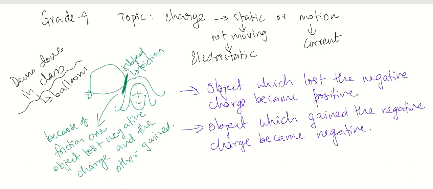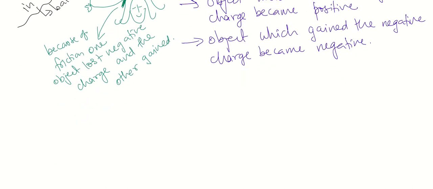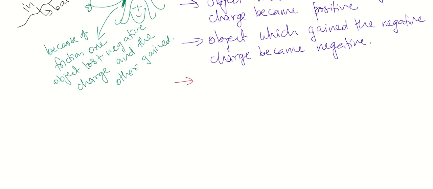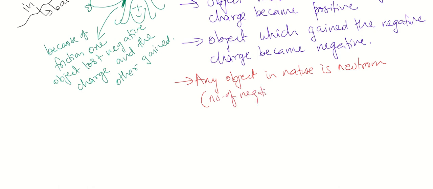So technically, any object in nature is neutral, which means the number of negative charges will always be equal to the number of positive charges.